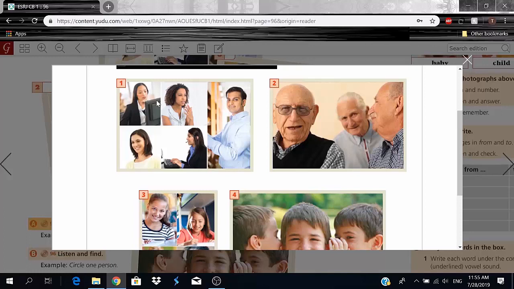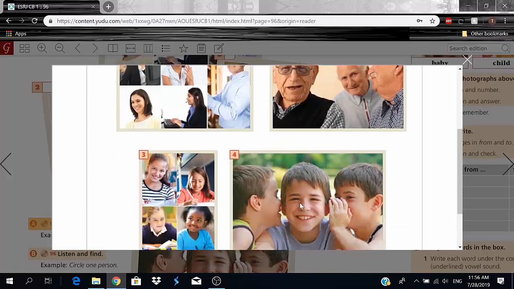Second, we have a woman. This is a woman, and this is also a woman. The plural for woman is not womans, it's women. I change the A at the end to an E. So woman, and plural women.